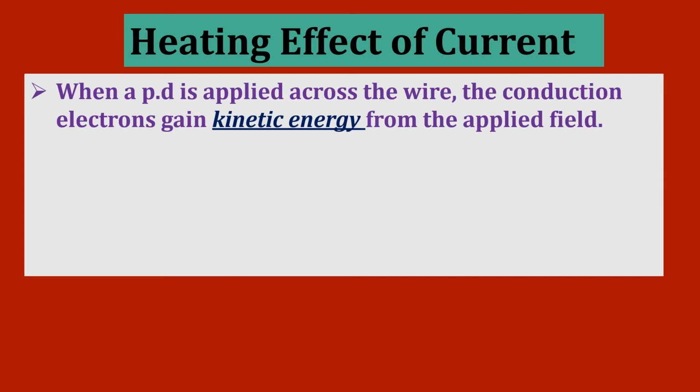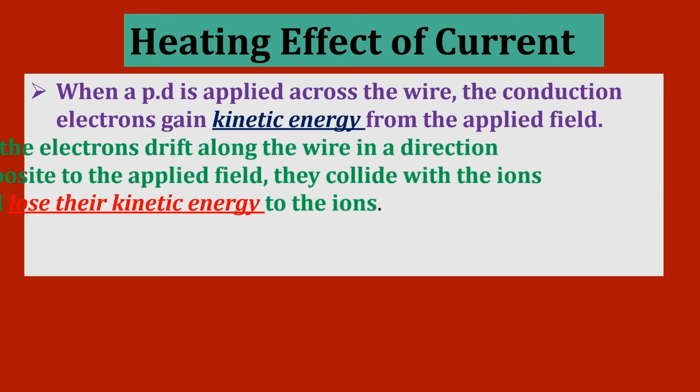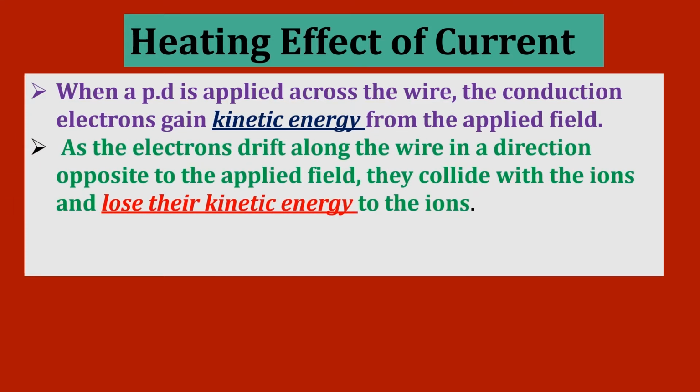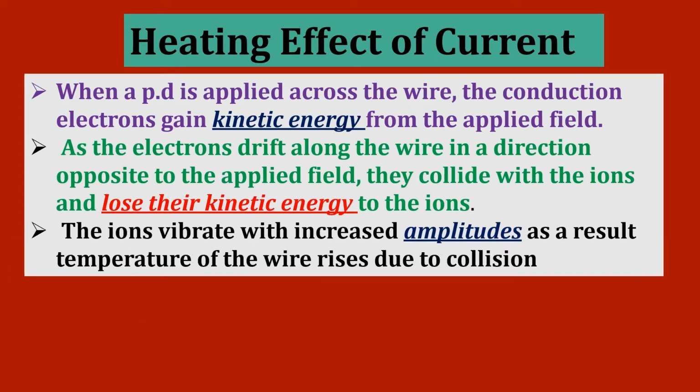As these electrons drift along the wire in the direction which is always opposite the applied field, they collide with the ions and lose their kinetic energy to the ions. These ions also vibrate with increased amplitudes. As a result, the temperature of the wire increases due to the collision and friction.